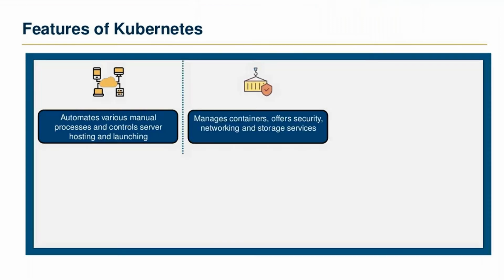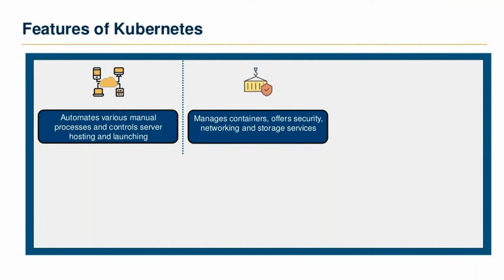And next one is manages containers, offers security, networking, and storage services, right? So in Kubernetes, security is very important here. Security means if any one pod is down, if any one container is down, if any one node is down, Kubernetes has self-healing capabilities.